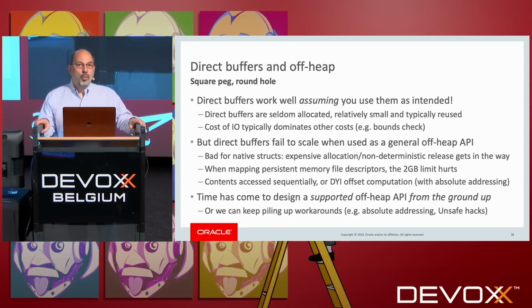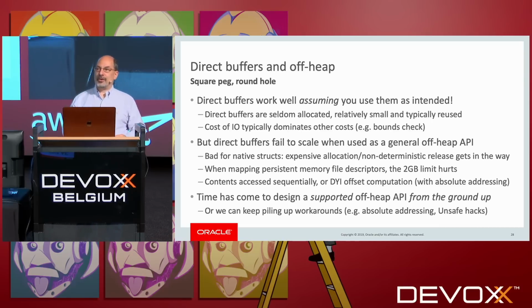Similarly, most of the time when you're filling up a buffer, that data is coming from I/O, and so the cost of the I/O typically dominates other costs like the bounds check. All of the housekeeping associated with ByteBuffers generally isn't an impediment when it's used in its intended mode.